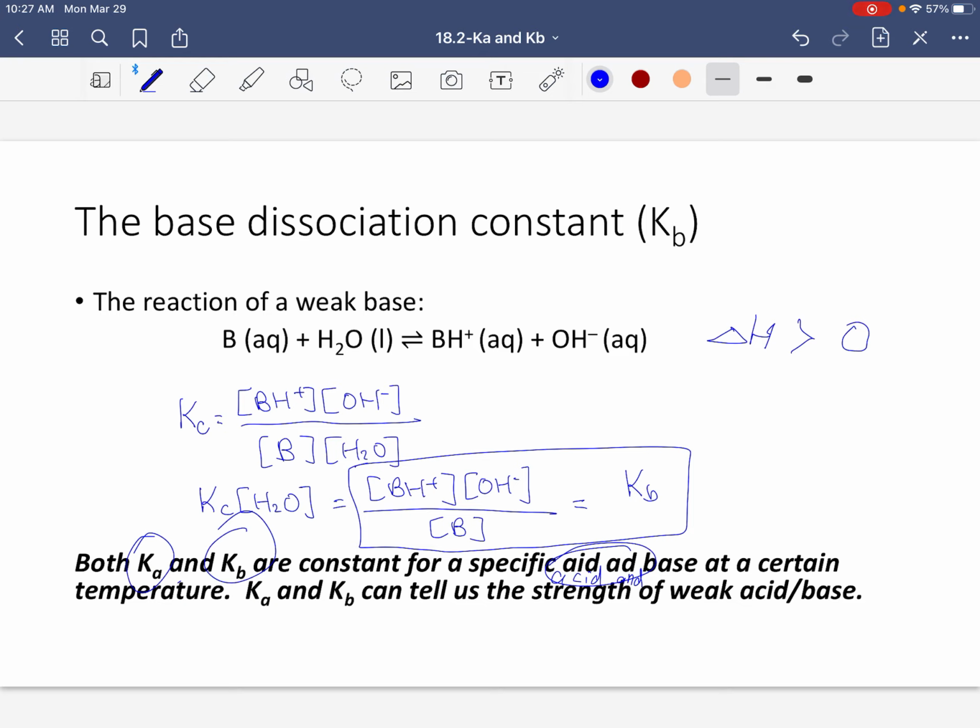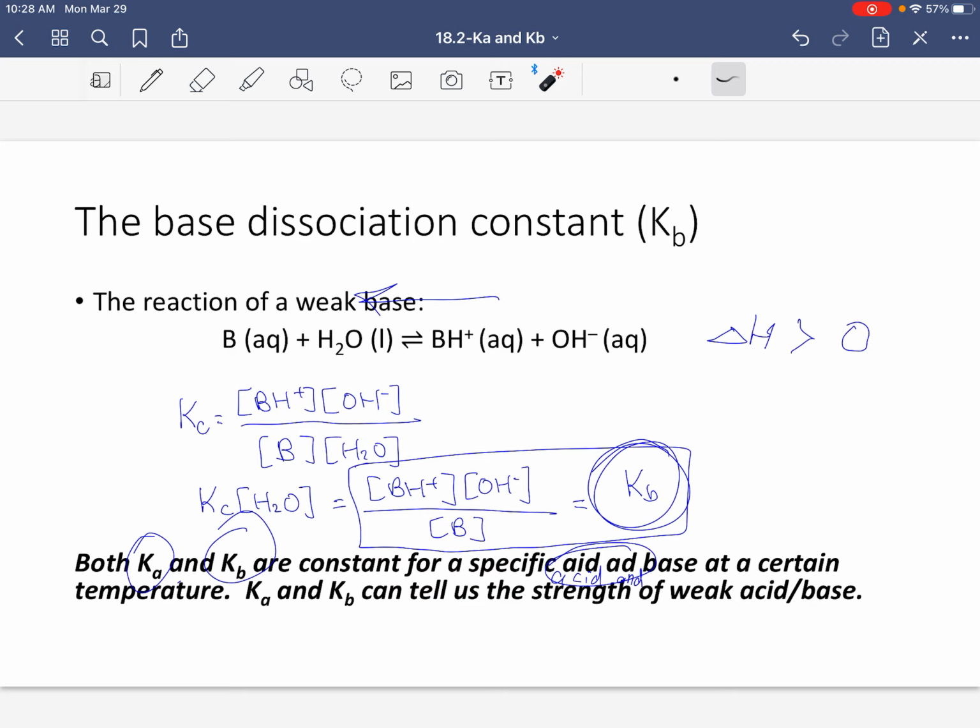If you were to increase the surrounding temperature, the reaction will go this way, which means Kb right here is going to be a lower number because you'll have a smaller concentration of products and a higher concentration of reactants, right?